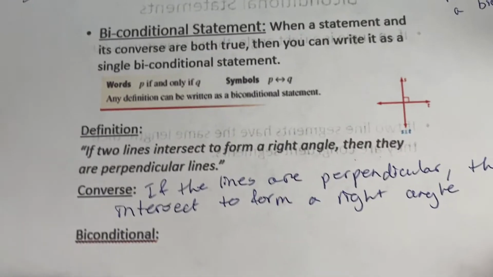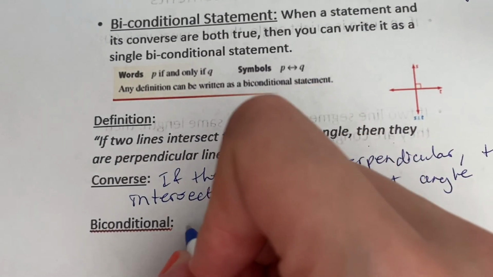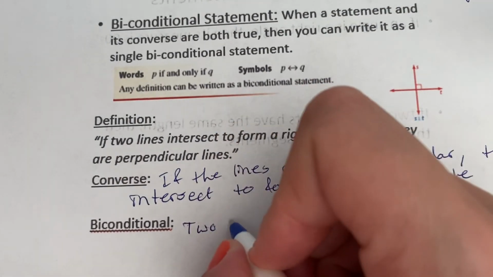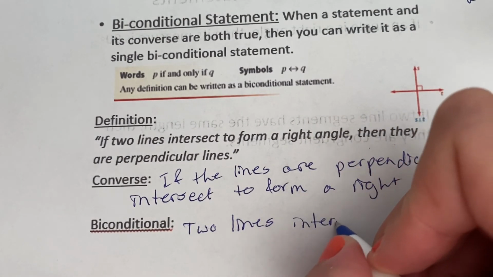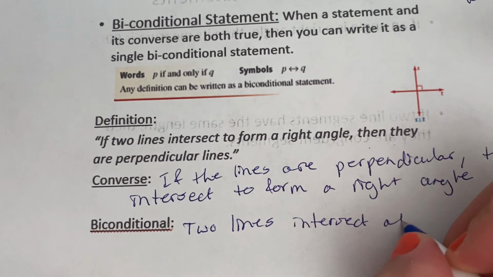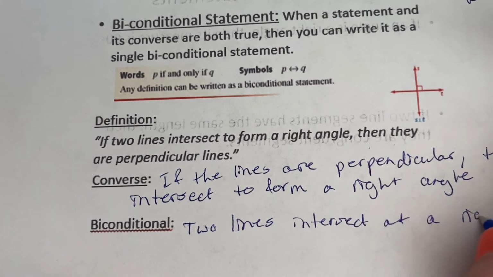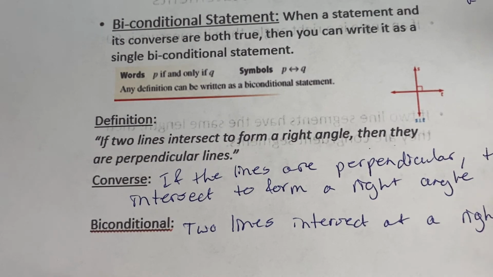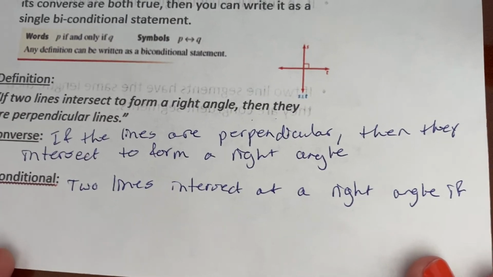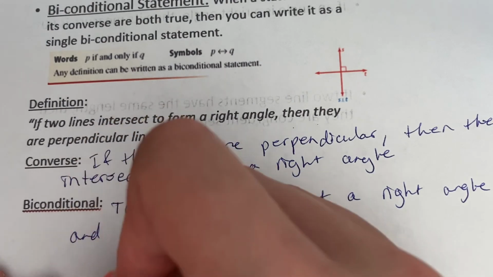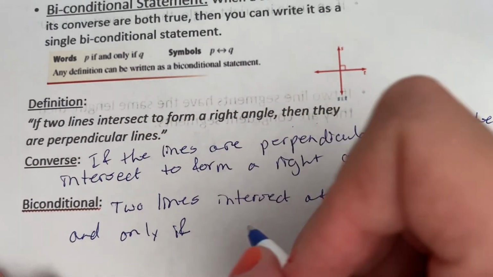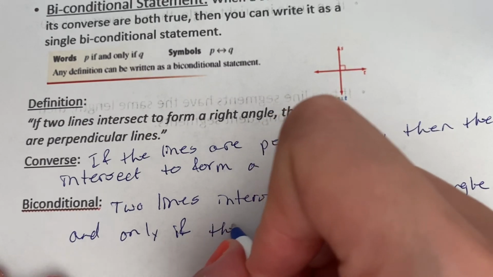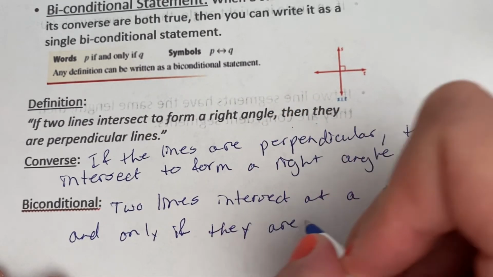Okay, then I'm writing this as a biconditional statement saying two lines intersect at a right angle if and only if they are perpendicular lines.